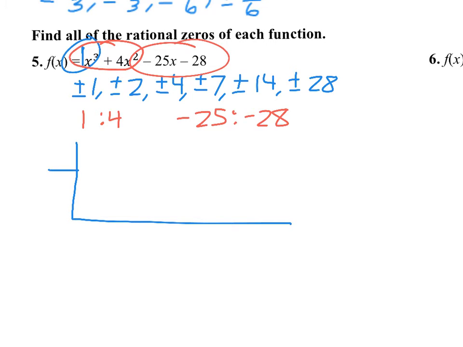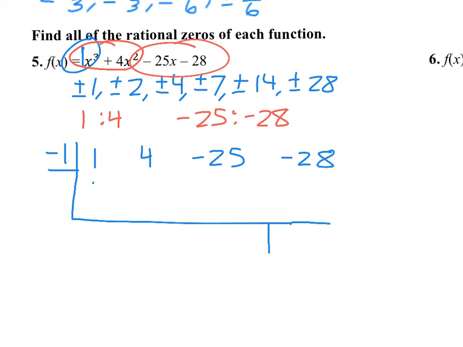So if I set up my synthetic division, I'm going to have 1, 4, negative 25, and negative 28. So I have to guess from my list what's going to work. I'm just going to guess that negative 1 works.